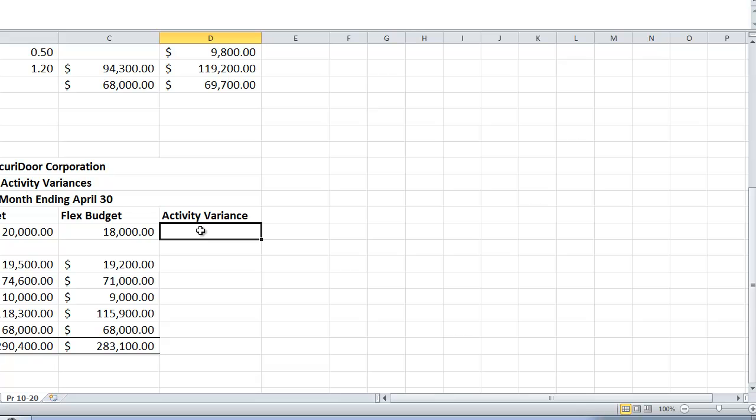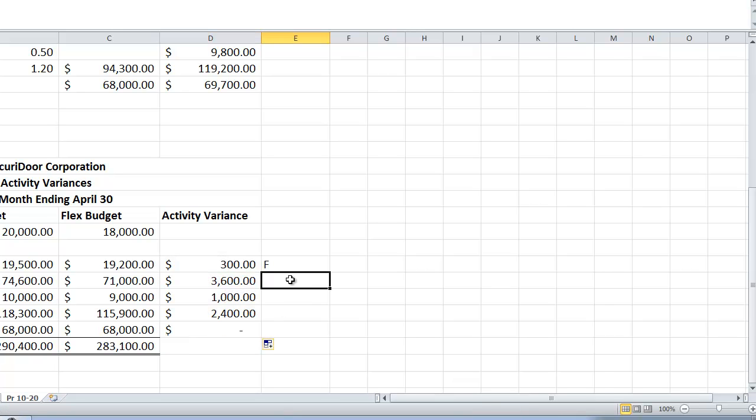Now, we want to figure out our activity variance. On the expense side, it's planning minus flex. And if it's positive, it's a favorable variance. And we can basically just drag this down. Favorable, favorable, favorable.